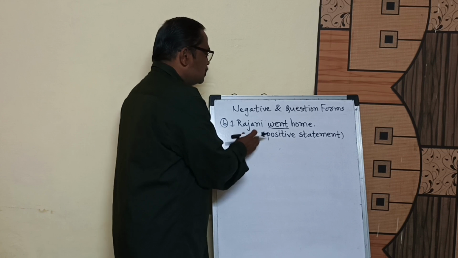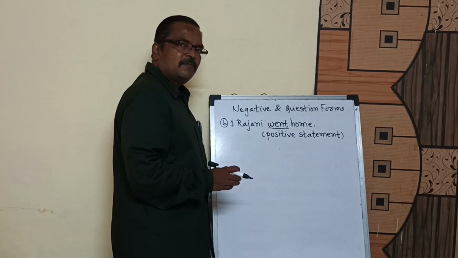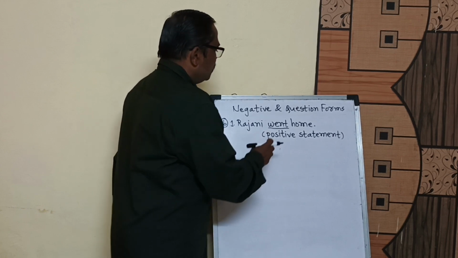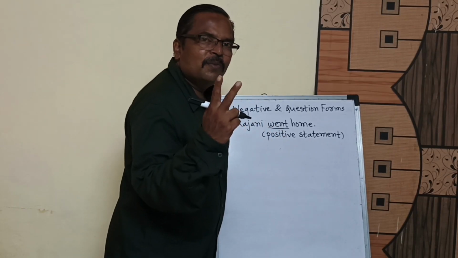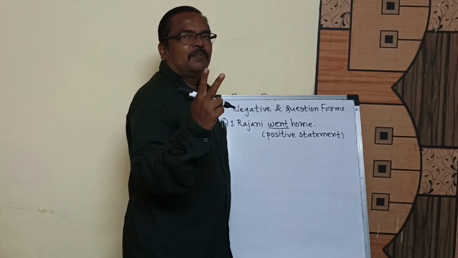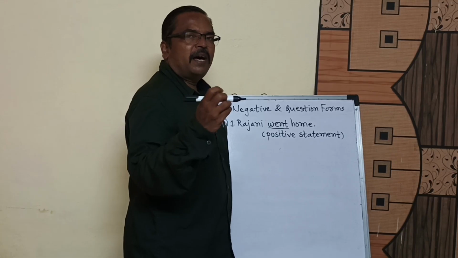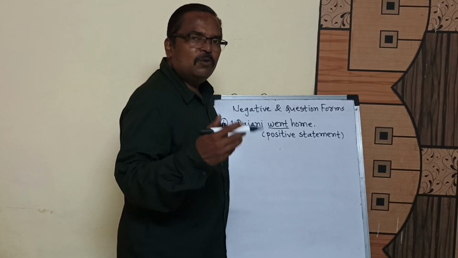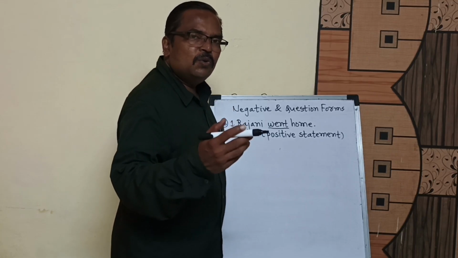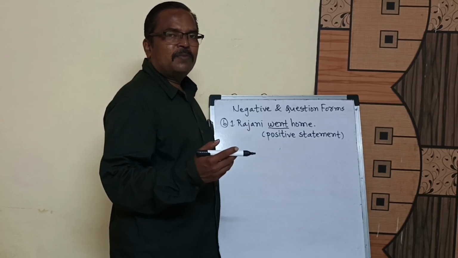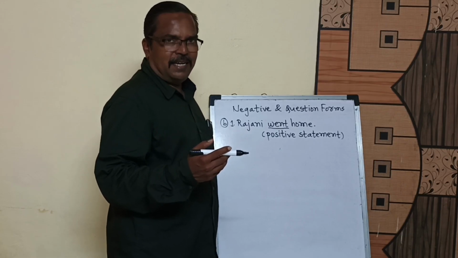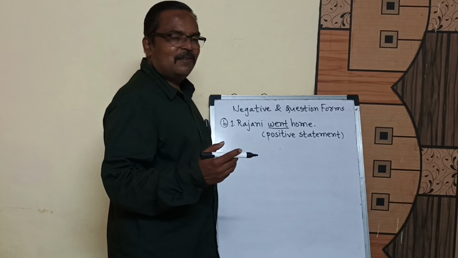In such sentences, when the verb is in V2 form, we have to make use of the to do helping verb form did.